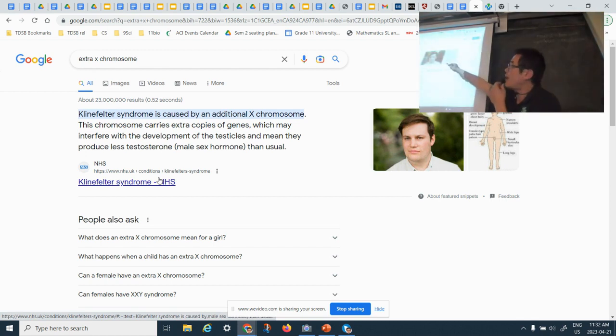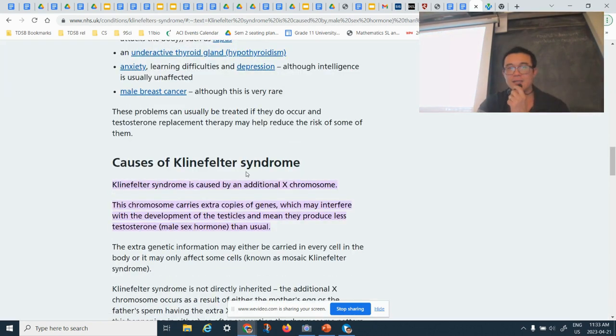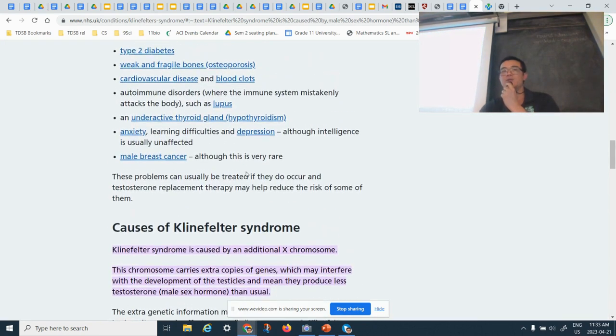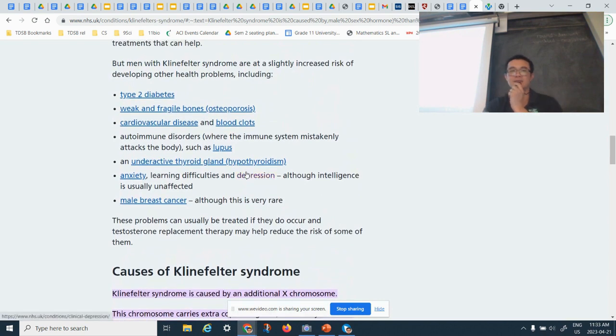So the extra X chromosome is what you call Klinefelter syndrome. If you can see here, there are some of these risk factors of men with Klinefelter syndrome.